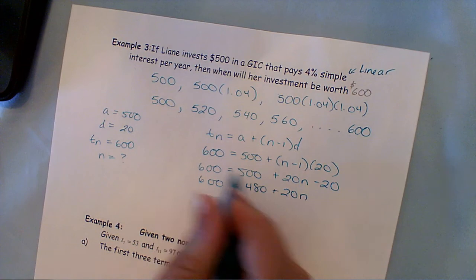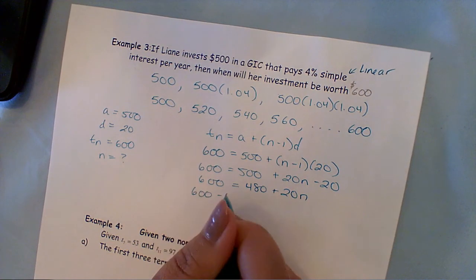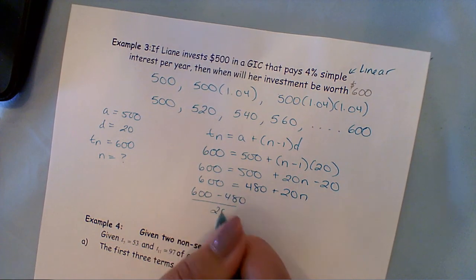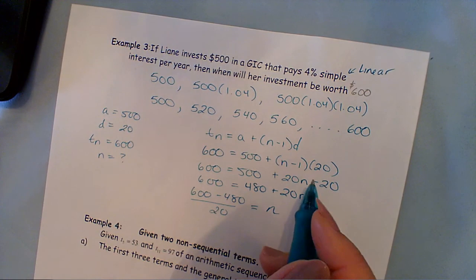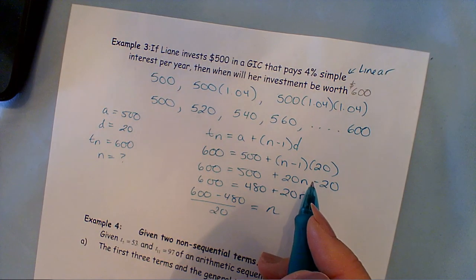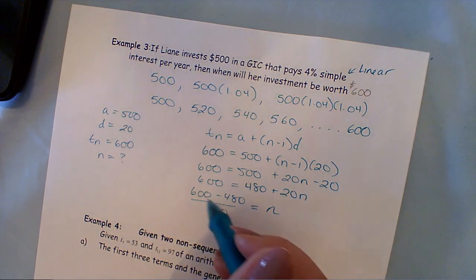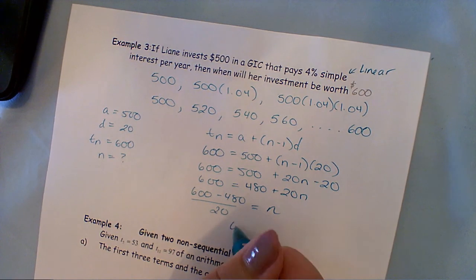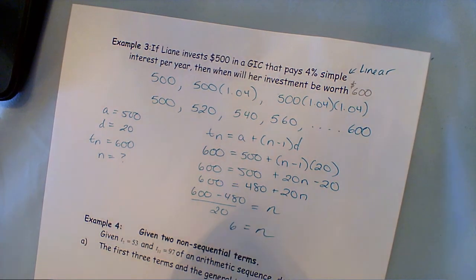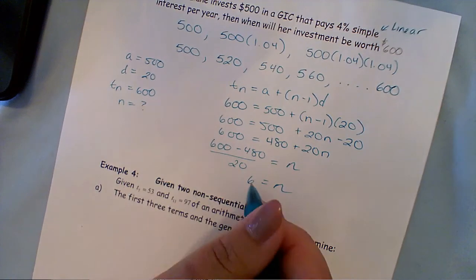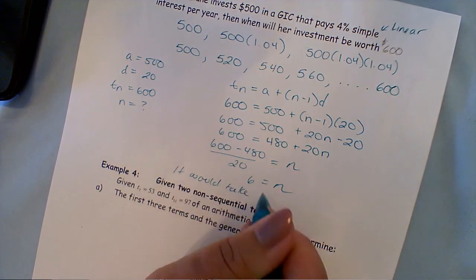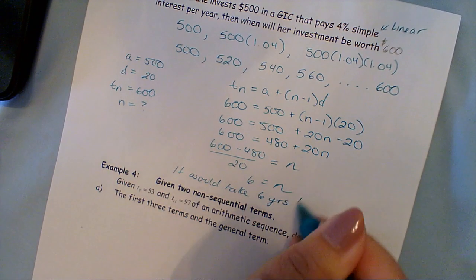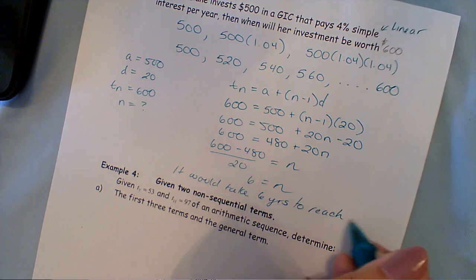So then we're going to subtract 480 on this side, and then we're also going to divide by 20. Might as well do that all in one shot. So 120. Yeah, 120 divided by 20, you get a nice value like 6. So that means it would take 6 years to reach 600 bucks.